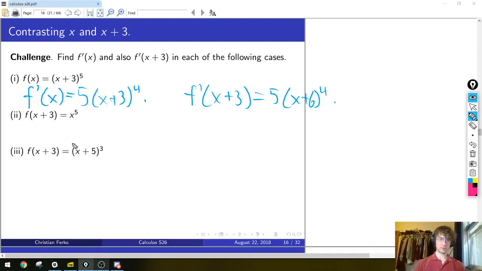Now the dummy variable is x plus 3. F of x plus 3 is x to the 5th. What is f prime of x now? If you like, I can do the first step again and express this as f of the dummy x plus 3 equals the dummy x plus 3, again minus 3 to the power of 5.